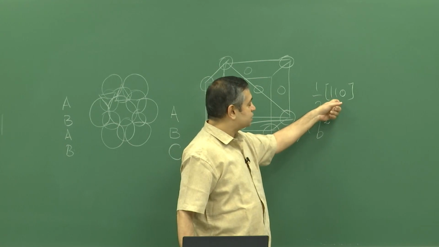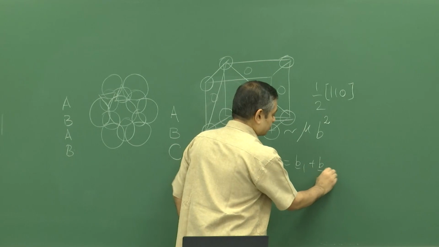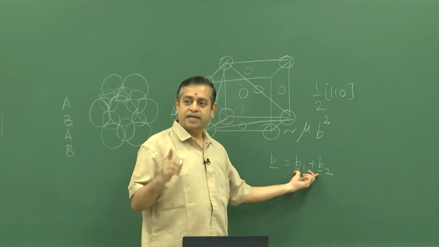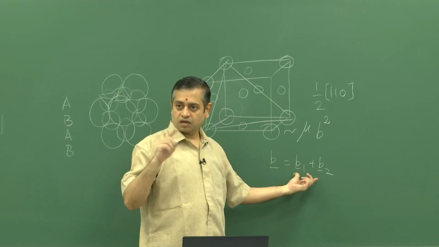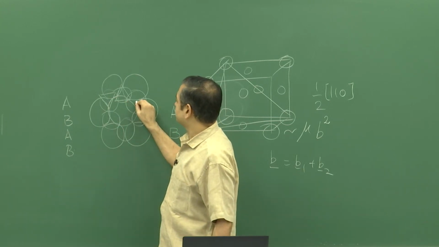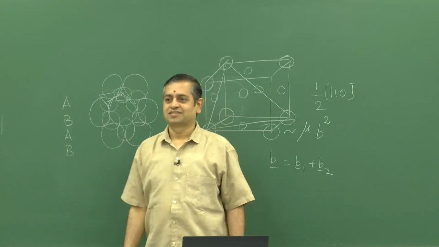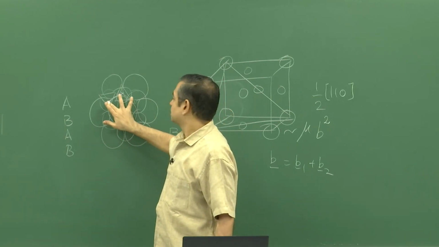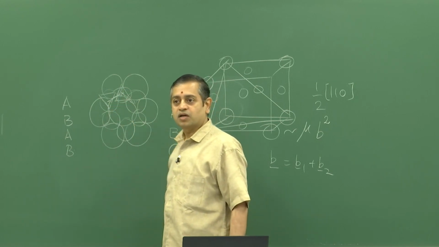Suppose you can write this b into two meaningful vectors, I mean these should be legitimate vectors of lattice positions in the FCC lattice, which you can see here. From here you can go here and you can come here. This is the full vector, these are the two half vectors, they happen to be 1 1 bar 2.